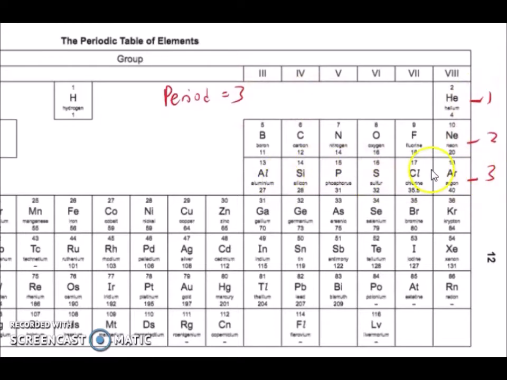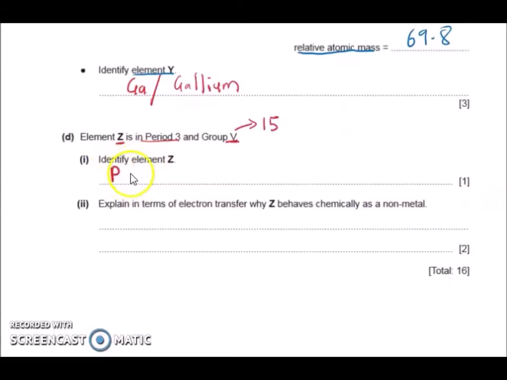It should be around here, and then it's group 15, so V. So your answer here will be phosphorus. Okay, so this is your answer, phosphorus. Now we go back to the question. Okay, we can write here P, or we can write the full phosphorus.